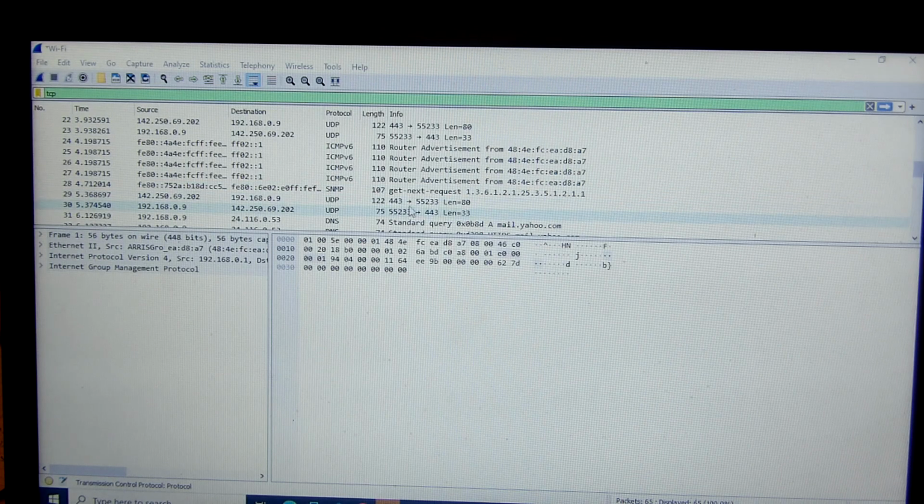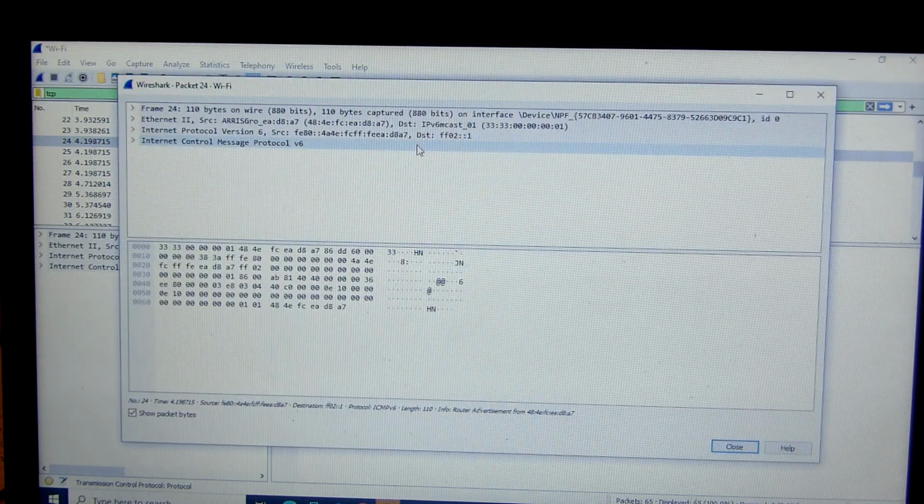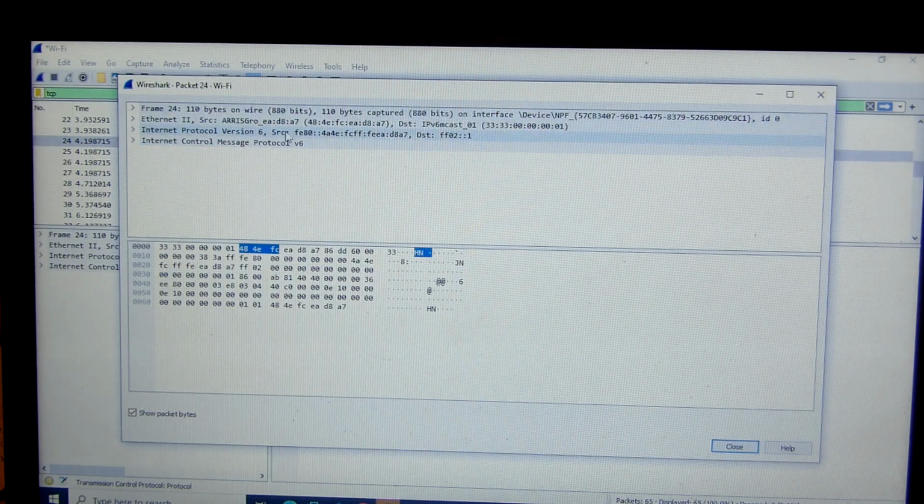And sometimes when you double click on those, you see some of the information, like the network, the ISP internet provider, the MAC address, destination and source, and source MAC address, and all this.